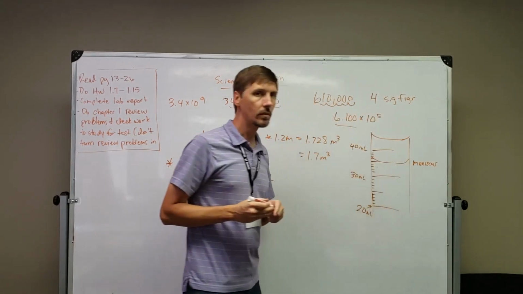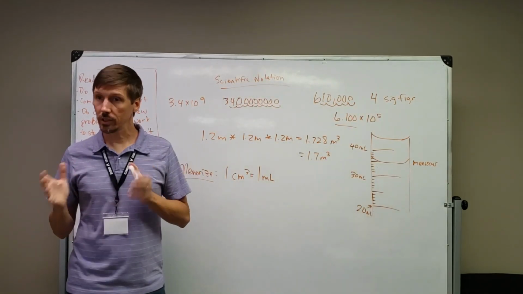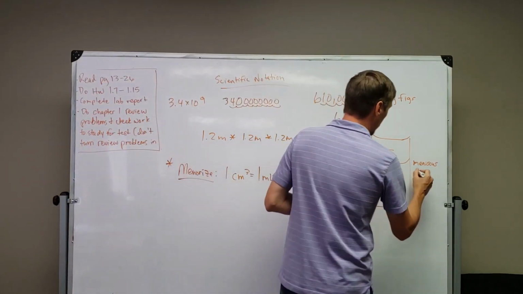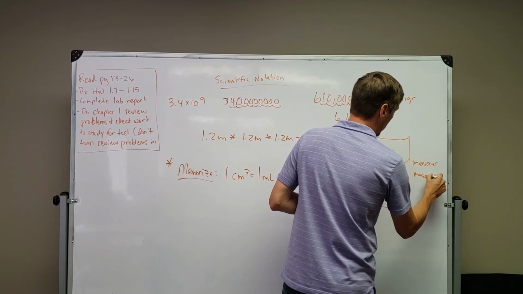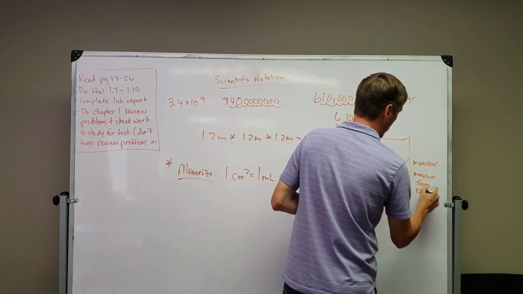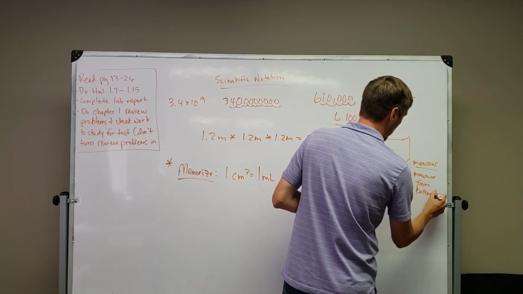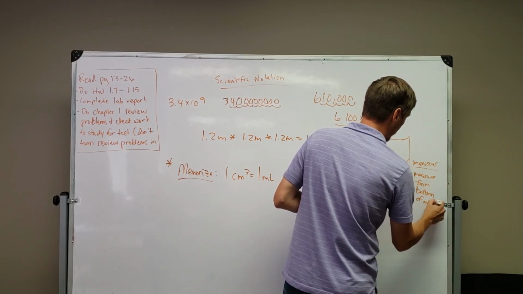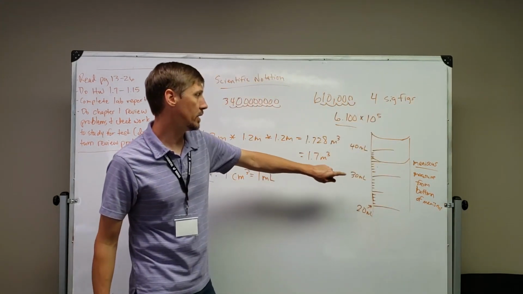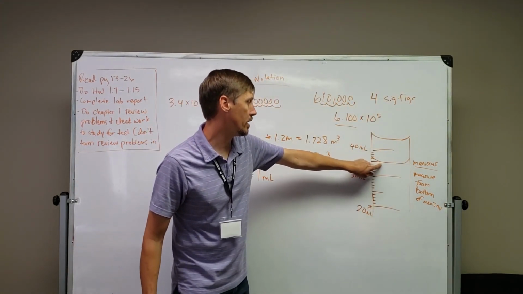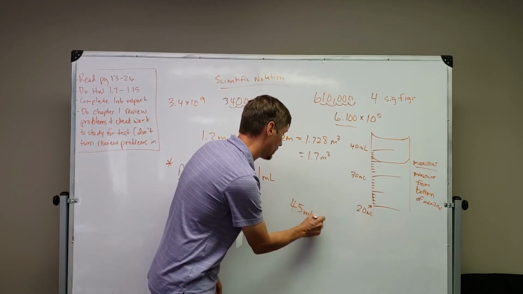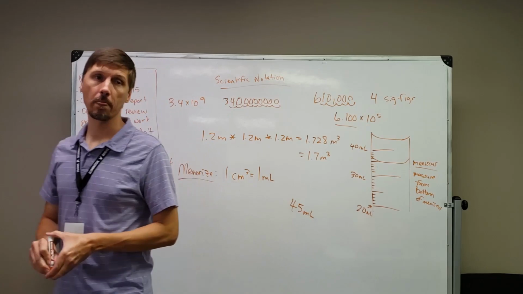What you need to be aware of when we're measuring liquids is to measure from the bottom of the meniscus. So in this case, because the bottom is right here at 45, our measurement is going to be 45 milliliters. Okay?